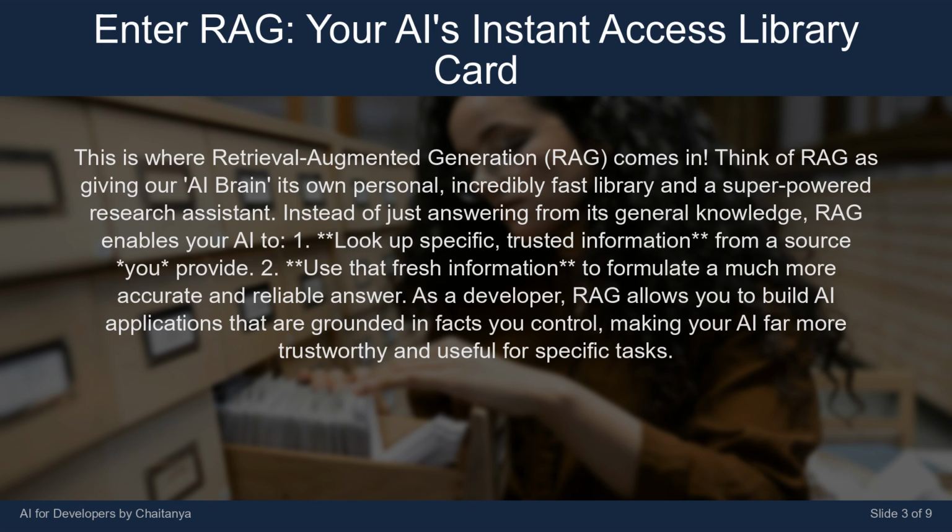Look up specific, trusted information from a source you provide. 2. Use that fresh information to formulate a much more accurate and reliable answer. As a developer, RAG allows you to build AI applications that are grounded in facts you control, making your AI far more trustworthy and useful for specific tasks.